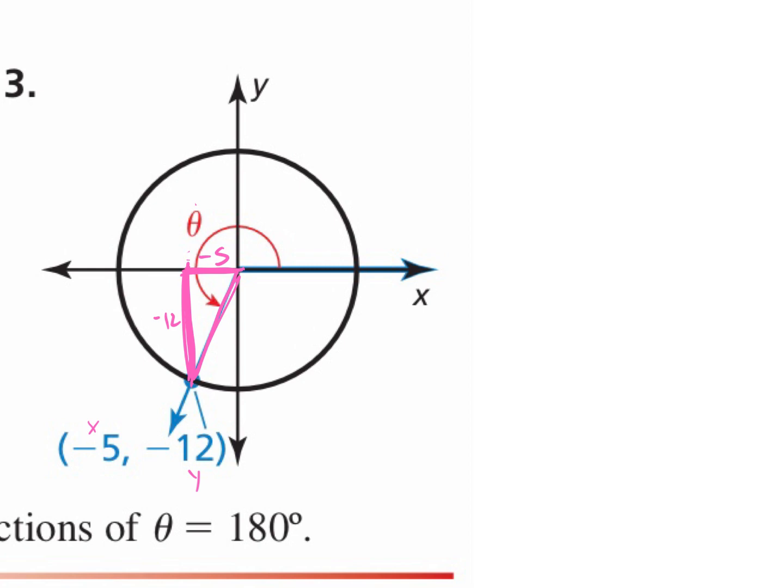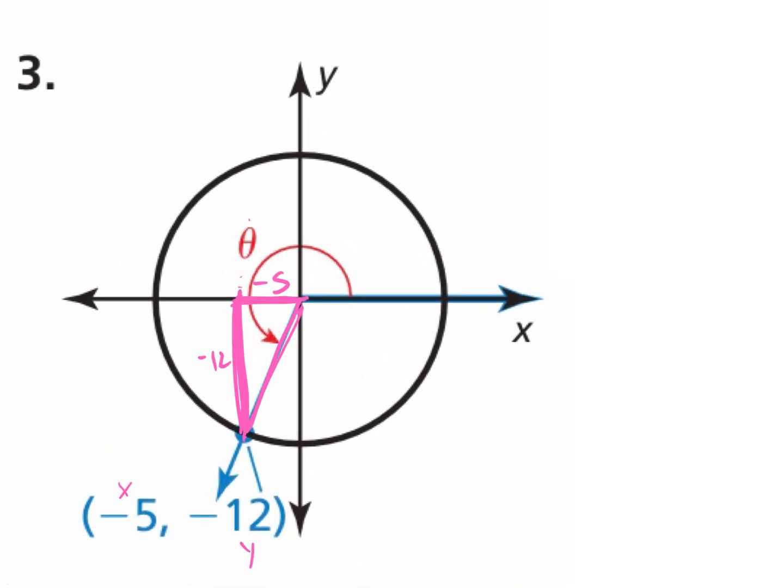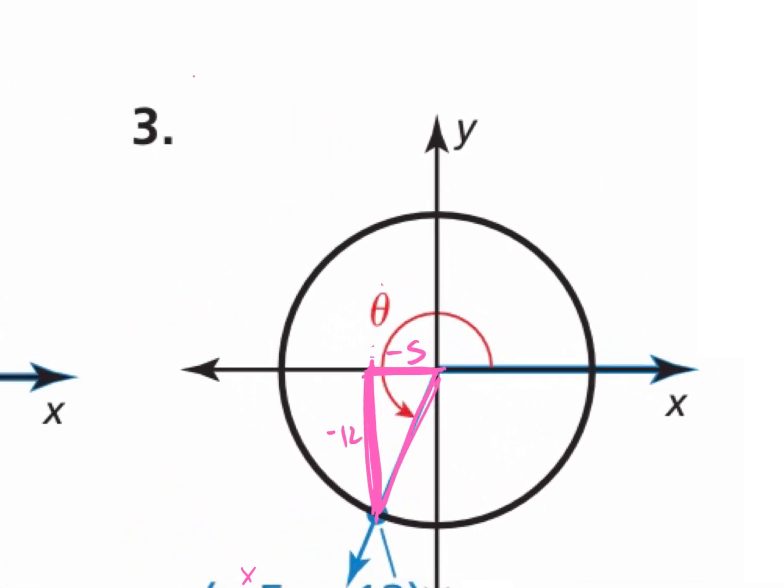It's our r. But what do we have to do to find that? Pythagorean theorem. So we have -5 squared plus -12 squared is equal to c squared. Or we could say r squared, because we're looking for the radius here.